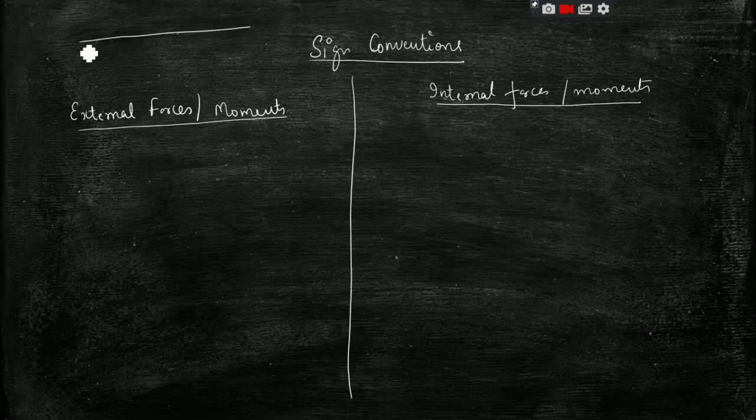Let us take an example of a beam having these two loads, UDL and point load. Here the external loads are the reactions present in the beam, and the external moments are the moments due to these forces.